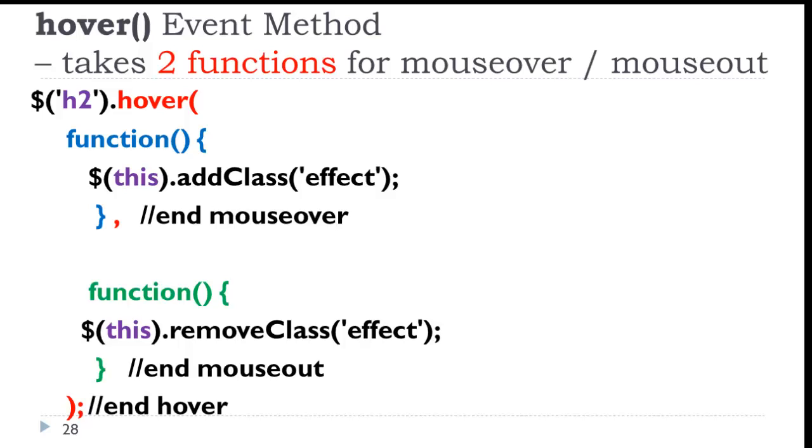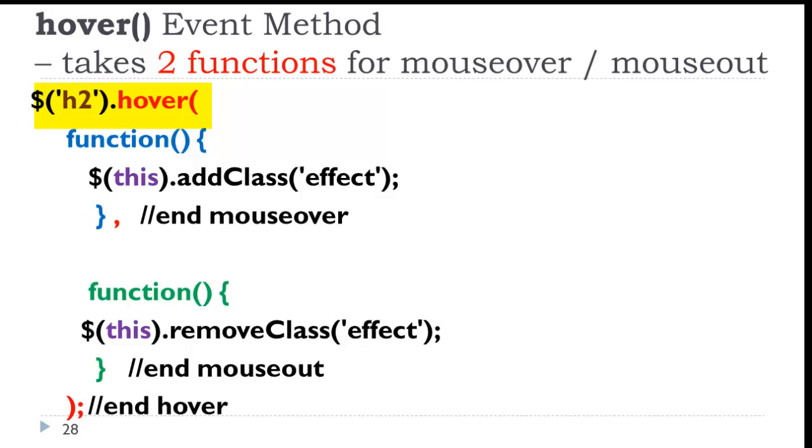The hover event method, here again referred to also as a compound event, takes two functions. The hover essentially allows you to run a function for a mouse over and a mouse out. I understand that certain of these things we can do with CSS. So let's take a look at the syntax here. Here we have an h2 selector .hover.